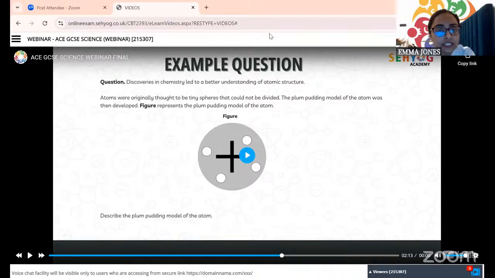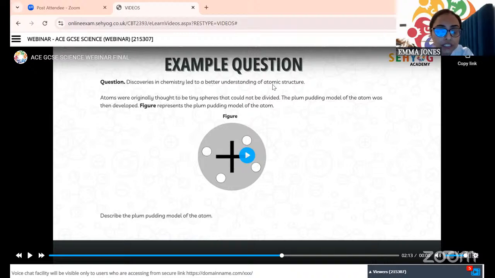And those are present in the nucleus itself. And if we think about the nucleus, then we have the neutrons also. And if we say that, okay, in the plum pudding model, in the center there are the protons which are positively charged, and the electrons are embedded into it.